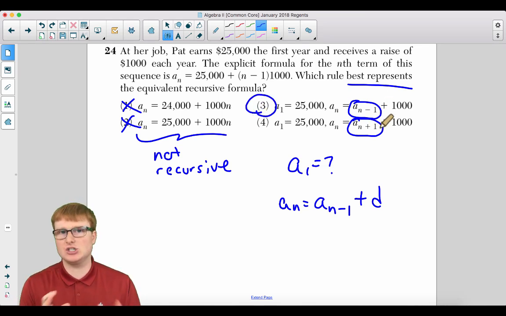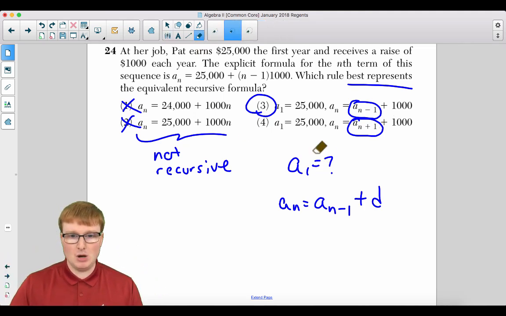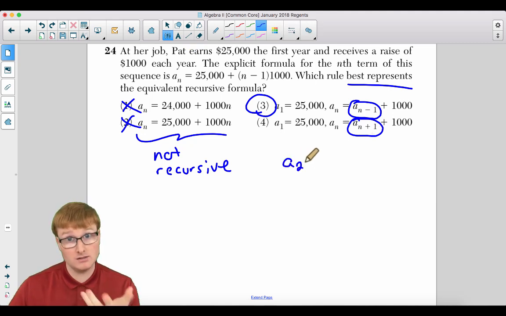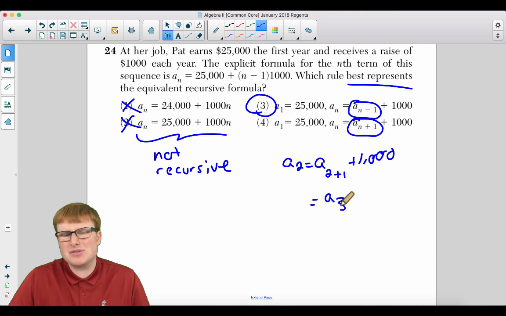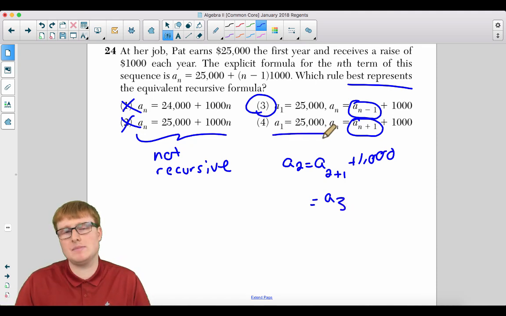Of course, you could do some guess and check in there. For example, suppose you want to find a sub 2. With n plus 1, a sub 2 would be a sub 2 plus 1 plus 1,000. Well, what's a sub 3? We're not given a sub 3. We're given a sub 1, people.